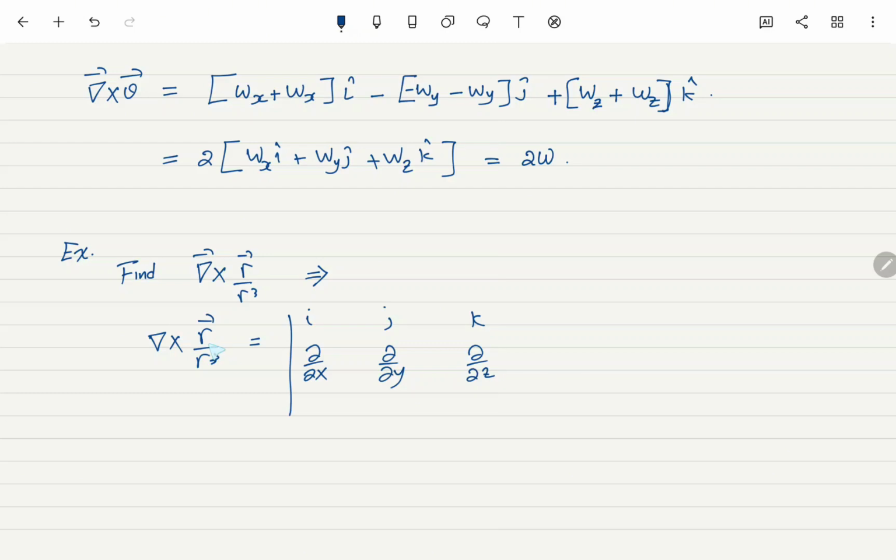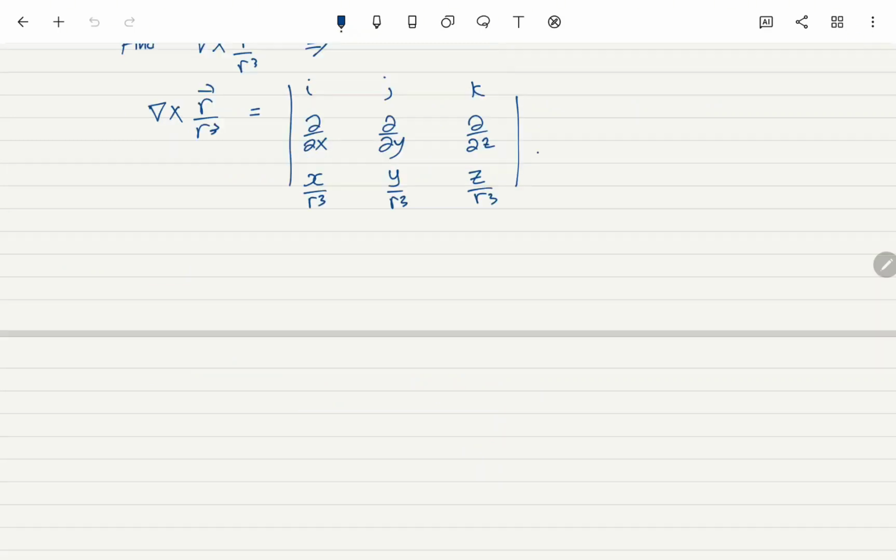The x component for r over r cubed is x over r cubed, this is y over r cubed, and this is z over r cubed. Following the same procedure to solve the determinant, we will get curl of r over r cubed equal to 0. And again, this is a very important result used in electrodynamics.